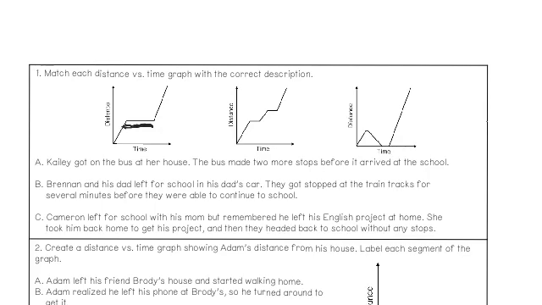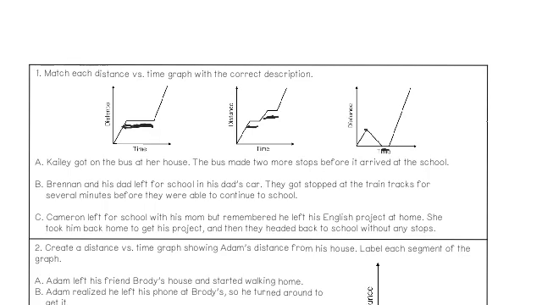In the second graph, there were 2 stops made. One here for a short amount of time and one here for a short amount of time. In the third graph, there's a little stop here and a little stop here, but then there are no stops in between.